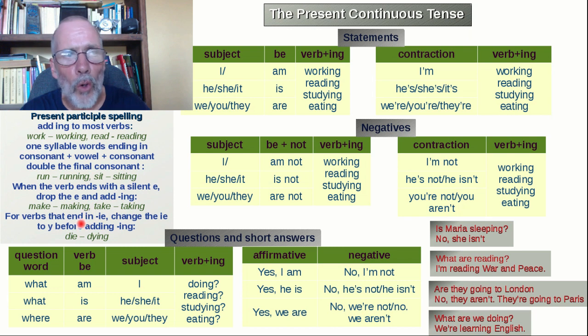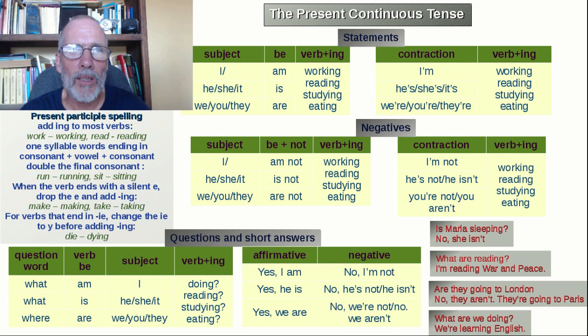And the final rule that I have here is for verbs that end in IE, change the IE to a Y before adding ing. And the example I have is die, dying. We change the IE to a Y and add ing. There are actually a few other small spelling rules, but these ones are the most important ones.